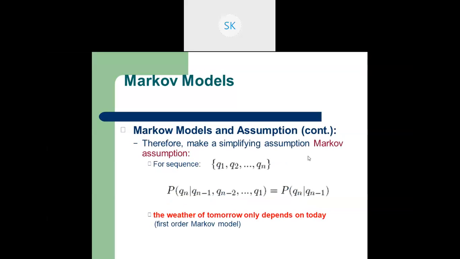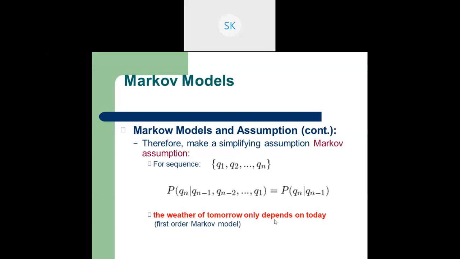In the Markov model we make a simplifying assumption, that is the Markov assumption, with respect to the sequence Q1, Q2, up to Qn. So the probability of Qn given Qn minus 1, Qn minus 2, and so on, is equal to the probability of Qn given the previous day only.